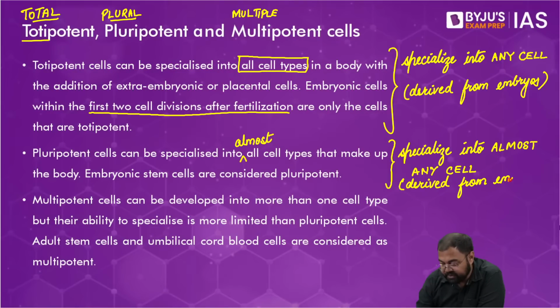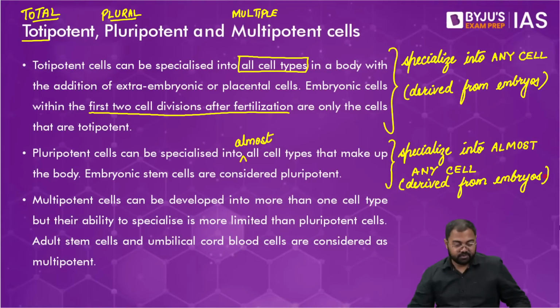So both of them are being derived from the same place, just that totipotent stem cells are coming from within the first two cycles of cell division, and pluripotent cells are coming after the first two cycles of cell division. So that's the basic difference between the pluripotent cells and the totipotent cells.